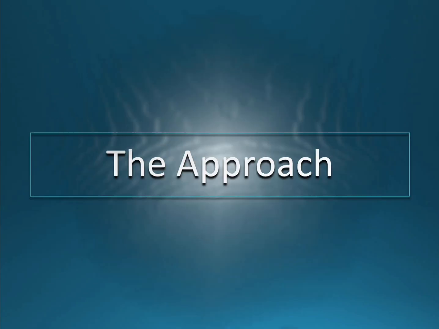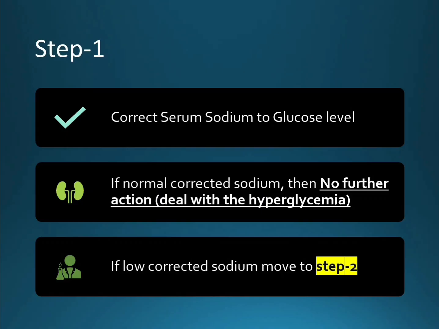Okay, let's go through the approach. As we said, it's a 9-step approach, simple and straightforward. First step, you have to correct the serum sodium for the glucose level.